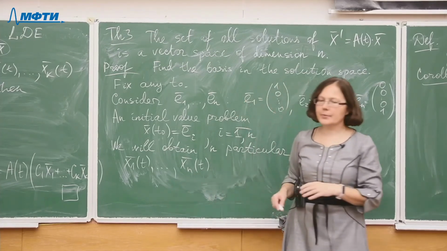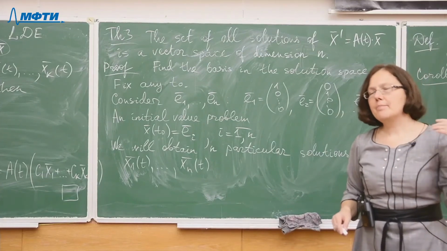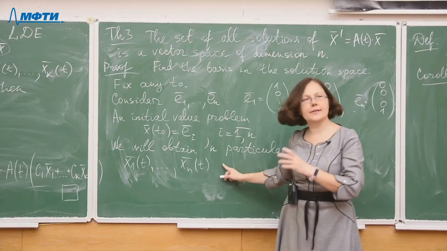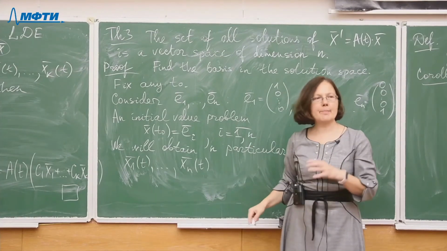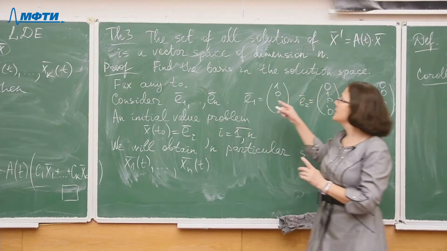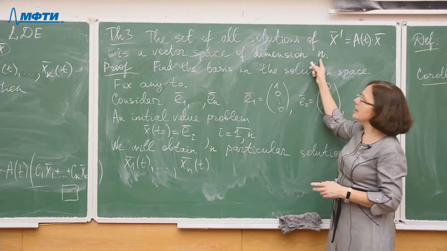By the linearity principle, yes, but we must show that the basis is finite. I want to show that these functions form a basis, and the basis consists of n functions. So it is important that the dimension of the space is n.